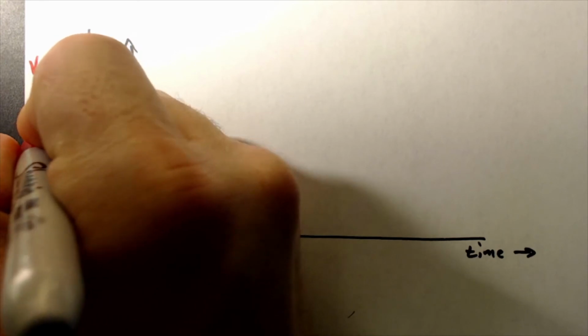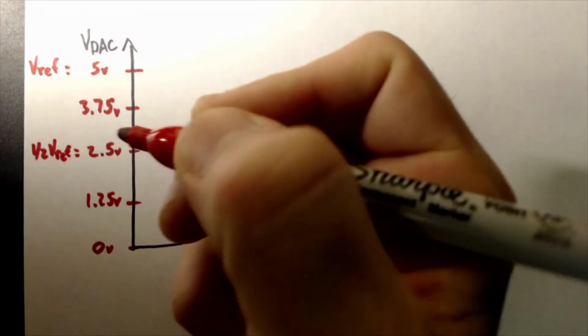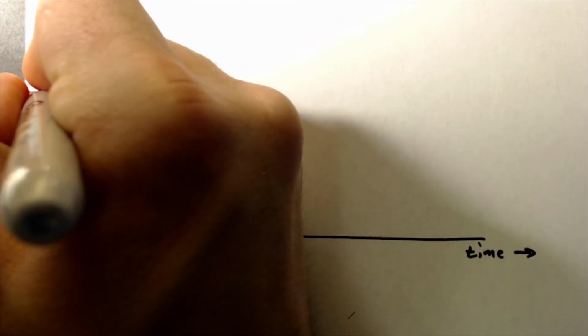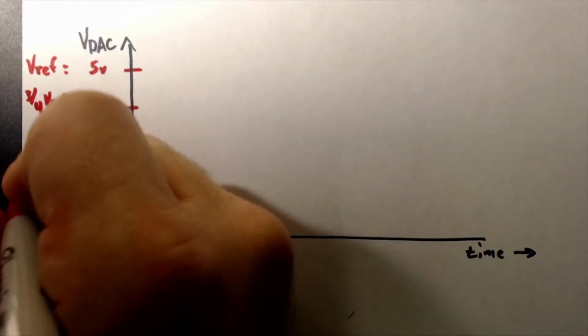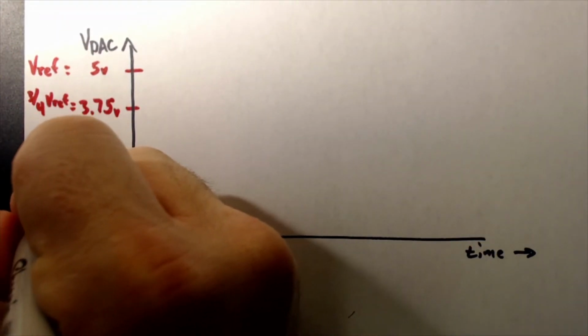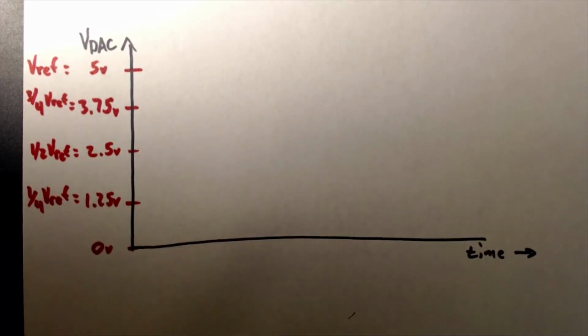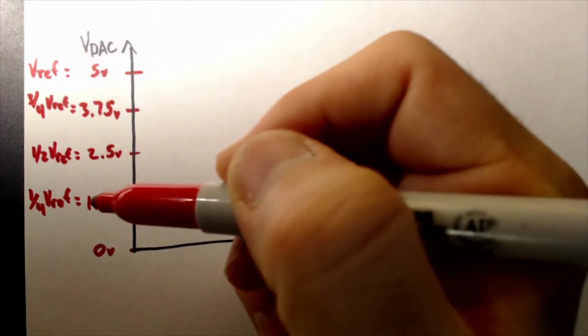This, of course, is half of Vref, 3/4 Vref, and 1/4 times Vref. Okay, so all the way 0 to 5 volts.